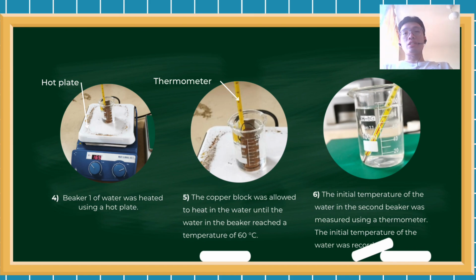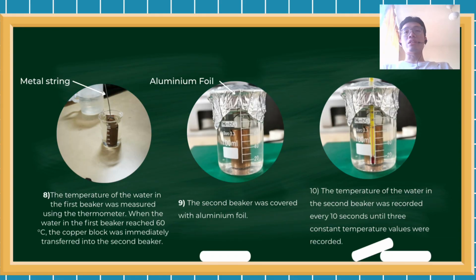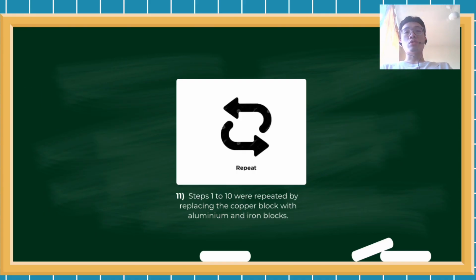Next, the temperature of the water in the second beaker was recorded every 10 seconds until three constant temperature values were recorded. Lastly, steps 1 to 10 were repeated by replacing the copper block with aluminum and iron blocks.